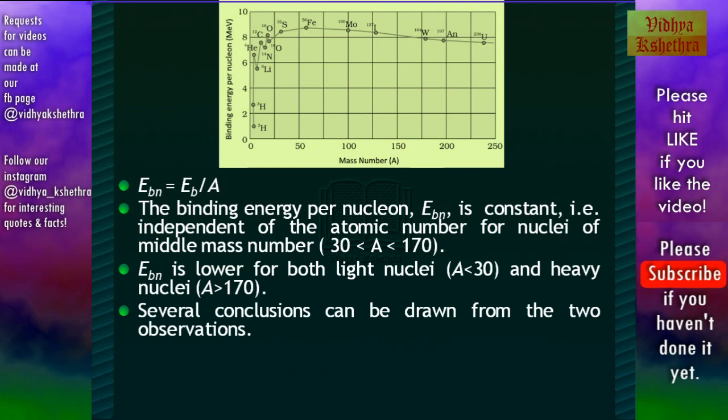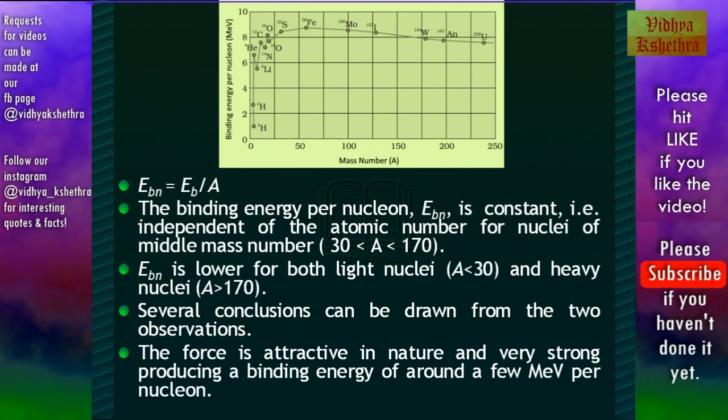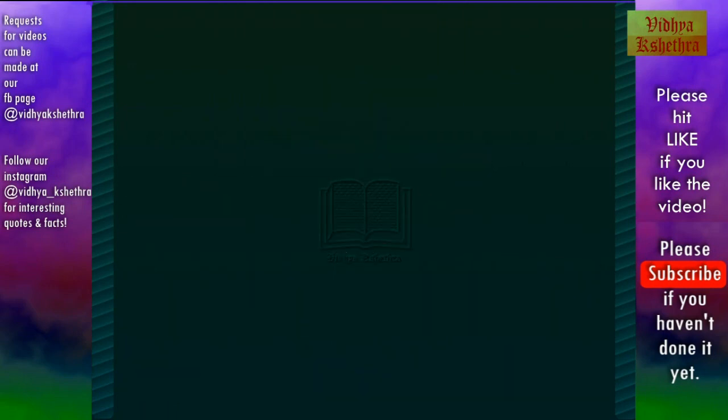So, several conclusions can be drawn from the two observations. First is, the force is attractive in nature and very strong, producing a binding energy of around a few mega electron volt per nucleon.